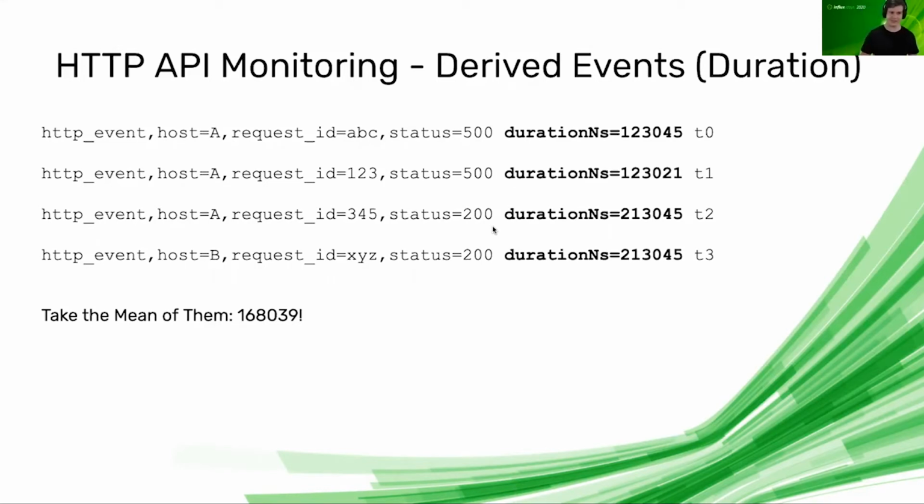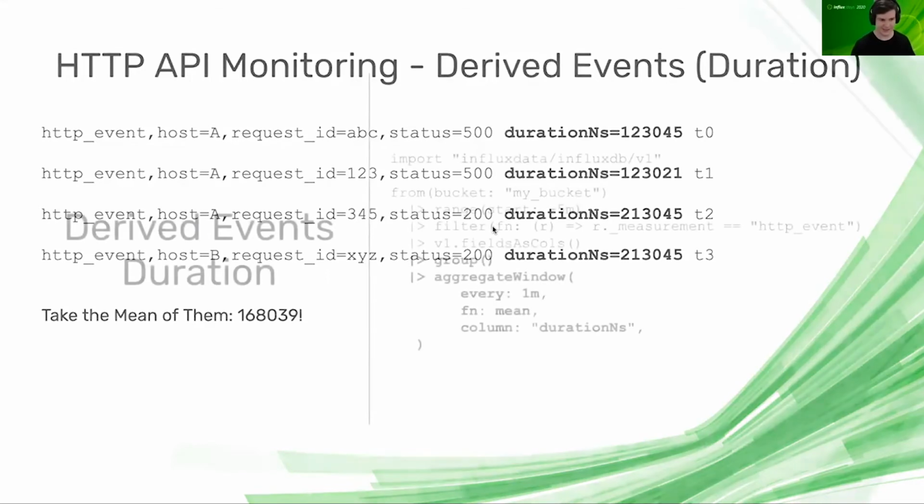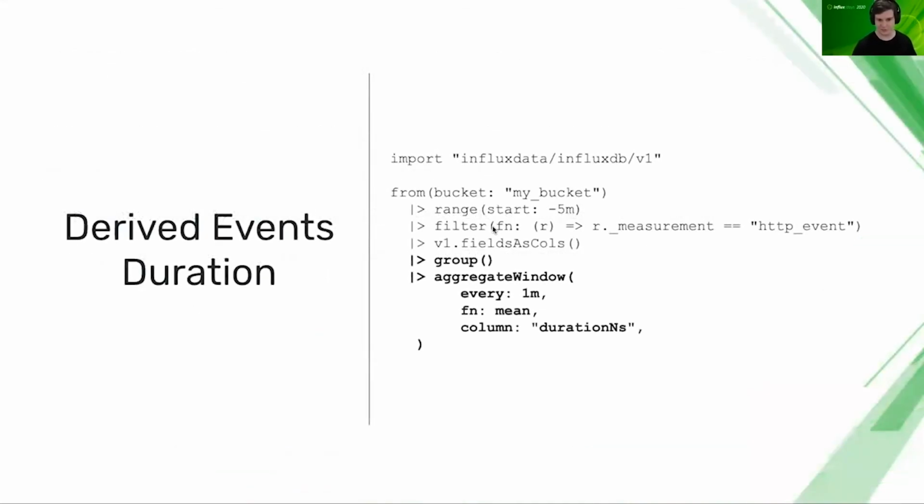So in this case, conceptually what we're going to do is fetch all of those duration nanoseconds, sum them together and then divide, right? Luckily, we have a function called mean in Flux that will do exactly that for us. So the only thing that is different about this example from the others is that instead of doing count, we do mean, right? And that's why I usually feel like derived events are the simplest.